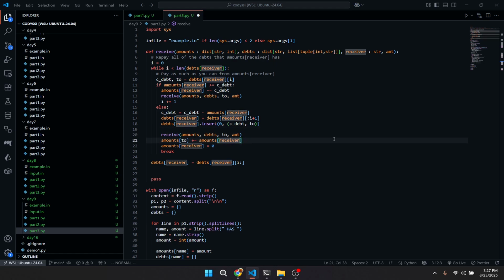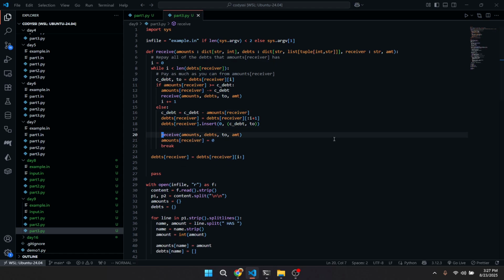If we do this, we may end up paying debts more than once. So what you'd like to do is actually just mutate debts.